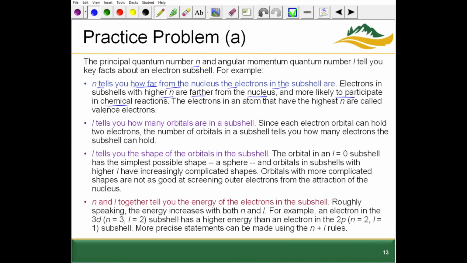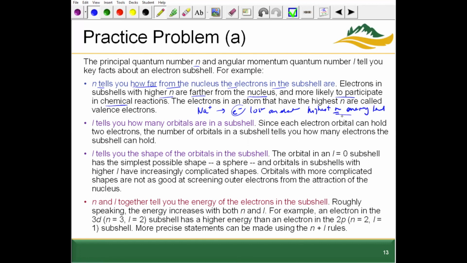What does this mean? Well, if you remember that sodium can be plus, it can be a cation, that means it lost an electron. The electron that sodium must have lost would have been from the highest n, the highest energy level.